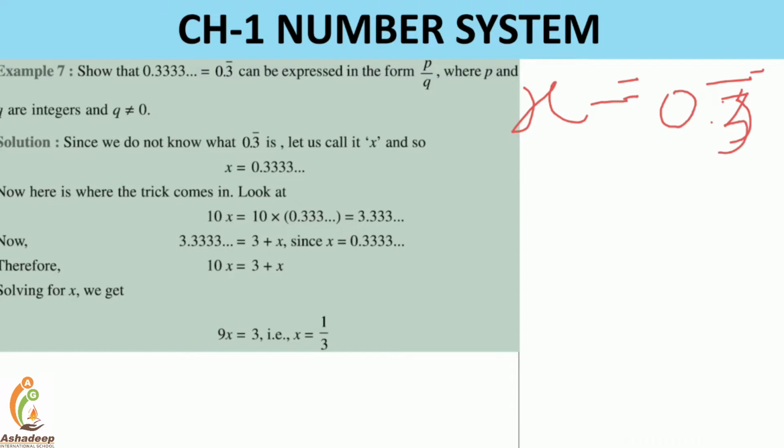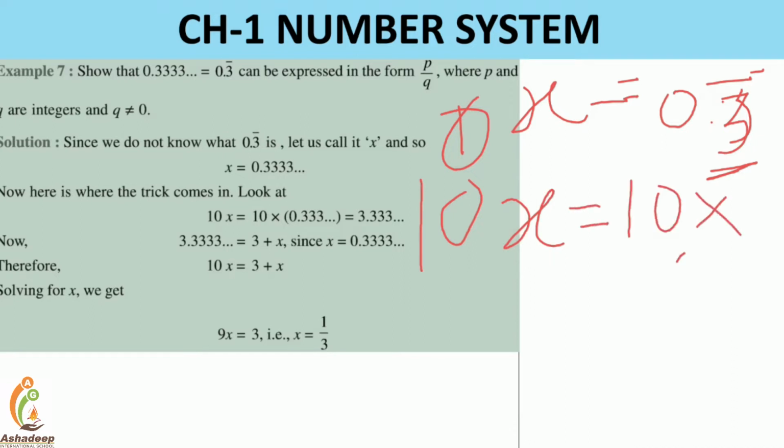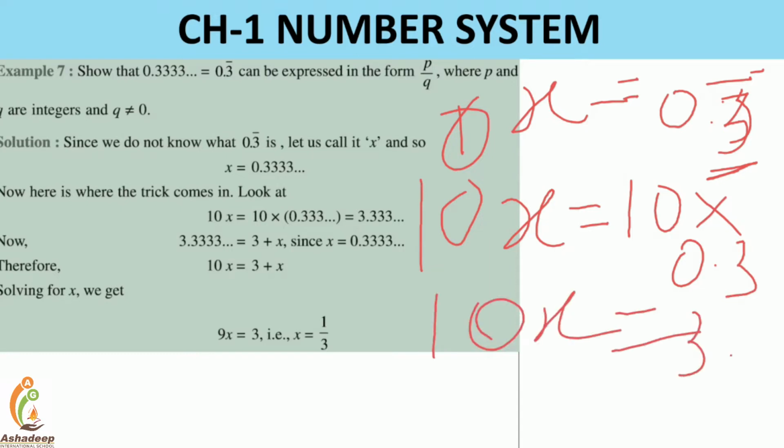How many numbers are repeated? Only one number is repeated. That means we need to multiply both sides by 10. So it becomes 10x equals 3.3 bar, right?